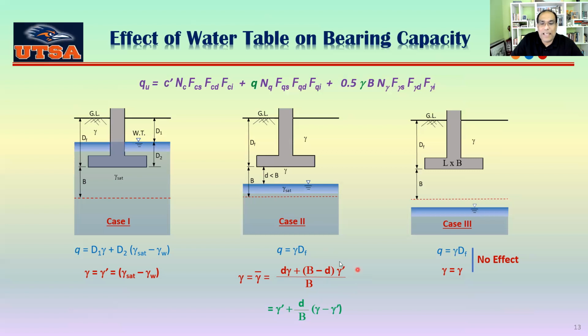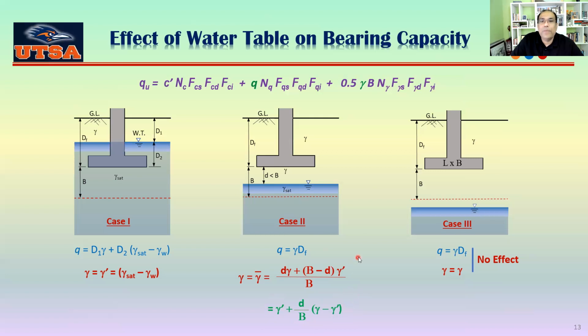So I'm just taking the weighted average of these two gammas, and then I'm getting this gamma like this figure here, okay? So for case 2, your Q would be just gamma DF, and this gamma will be replaced by this one here.